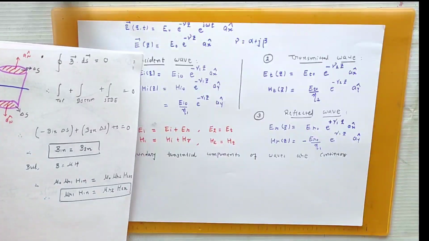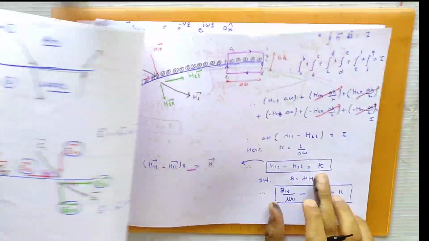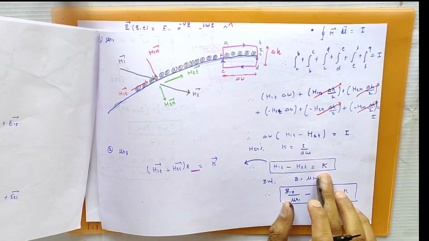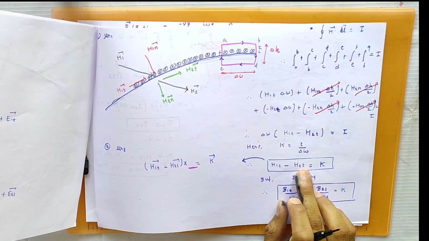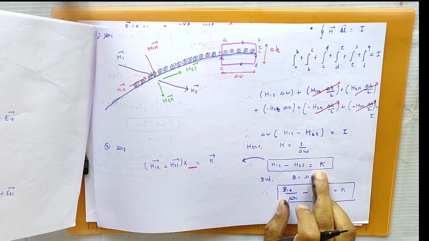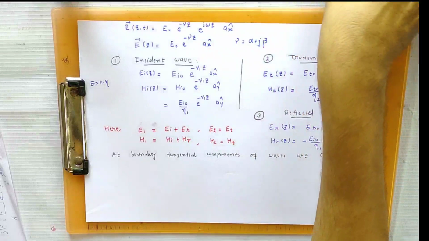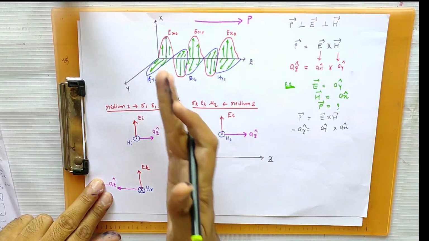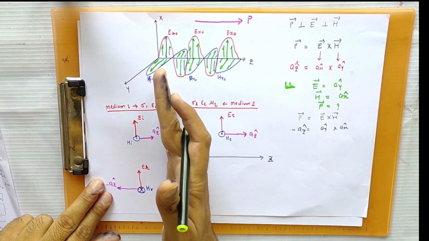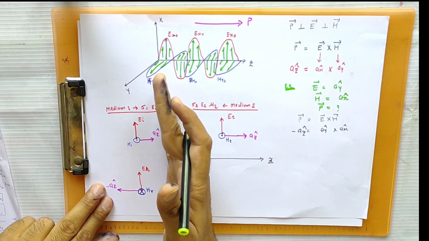In case of the magnetic field, here the surface current density is 0. If the surface current density is 0, again the tangential components are the same. Yes, conductivity is present, but no current is present at the boundary, so the surface current density is 0.